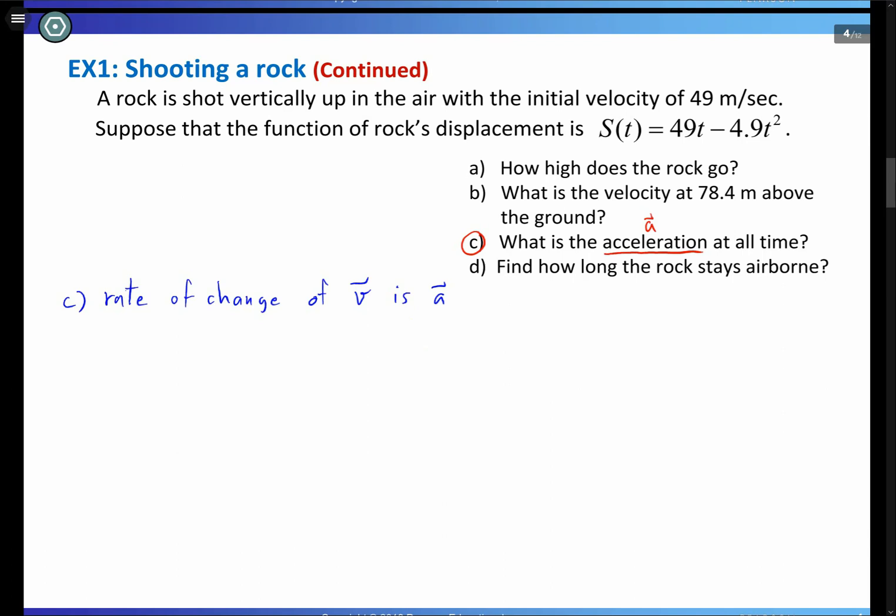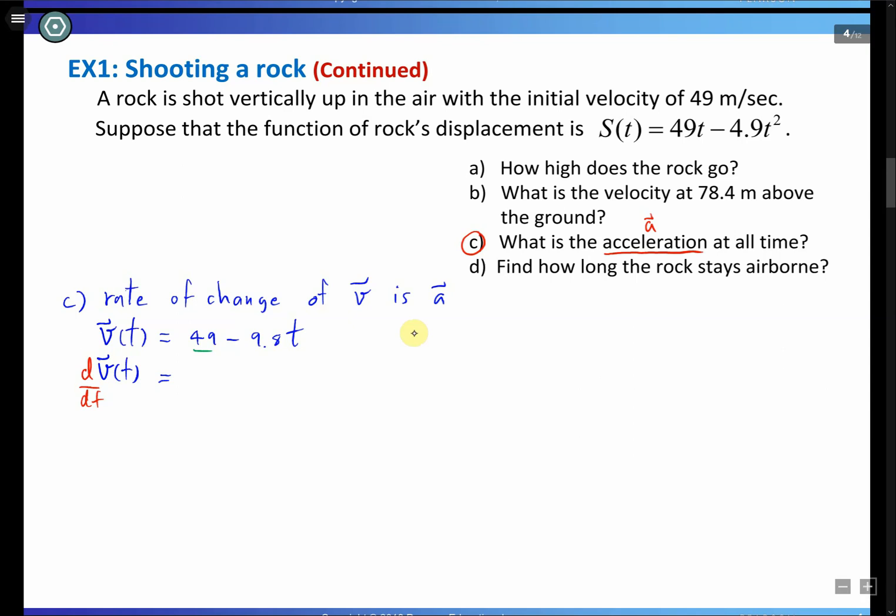So let's start with the velocity function here. The velocity function we have from part A and part B is equal to 49 minus 9.8t. So we need to differentiate this. v'(t), differentiate this with respect to time. And it's going to be equal to, now we differentiate this, constant, it goes to 0.